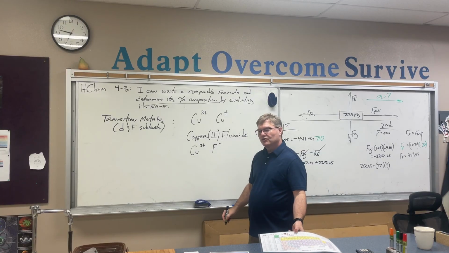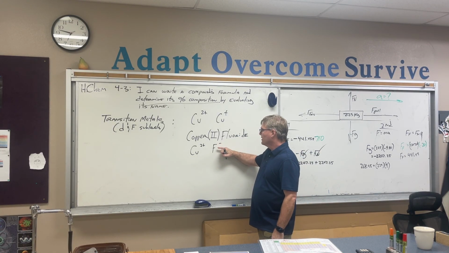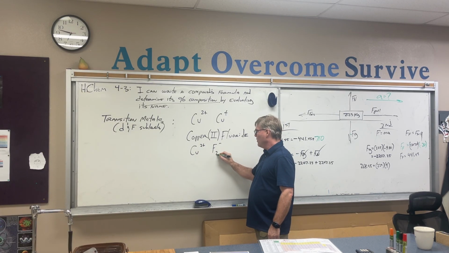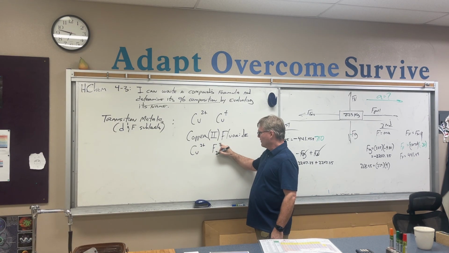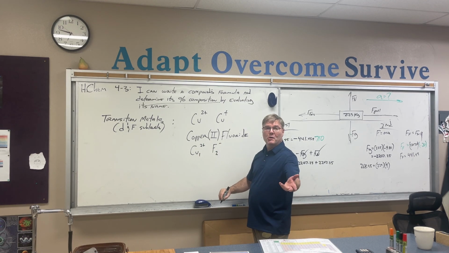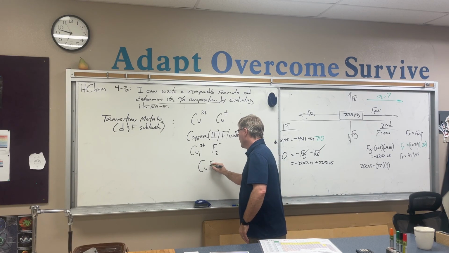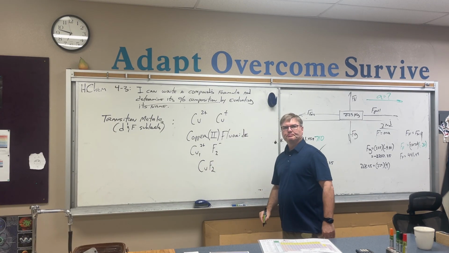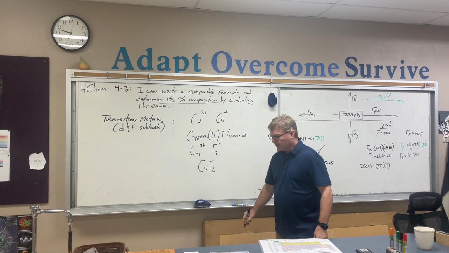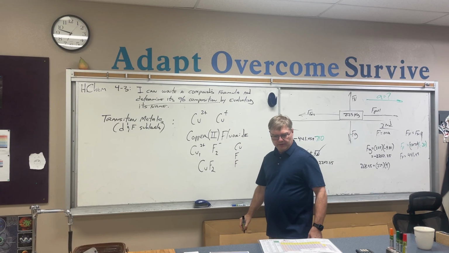Now I'm going to use charge equivalence to write the formula. I've got one negative here and two positives. That is not equivalent. But if I were to have two of these, I would have two negatives, and one of these I would have my two positives. And so the formula would be CuF2. And then from there I could do a percentage composition. I've got copper, fluorine, and fluorine.